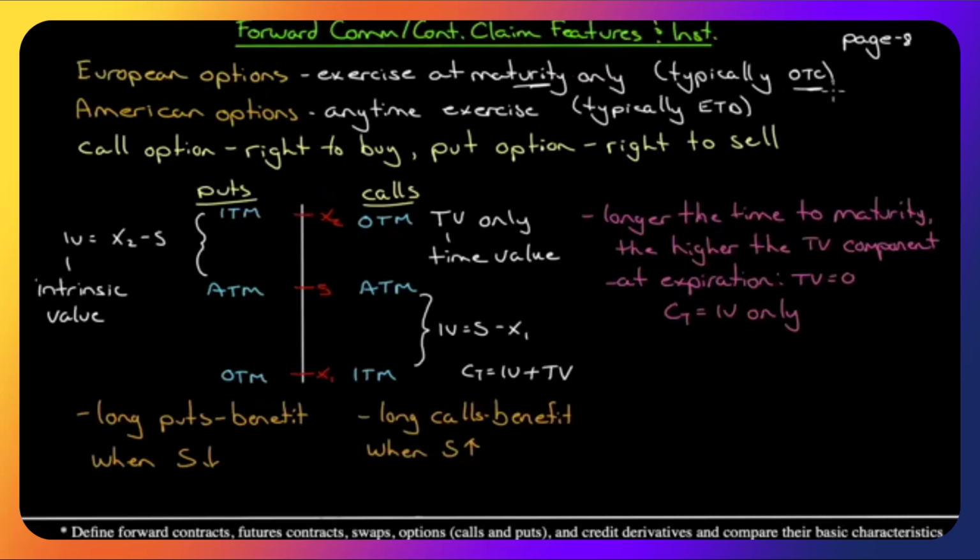Typically, OTC options are European-style options. They can only be exercised at maturity. American options means anytime exercise, and these typically are exchange-traded options. It is just unfortunate that they're named European and American because you think, oh, it's Europe versus the U.S., right? And it's not. It has to do with exercising.